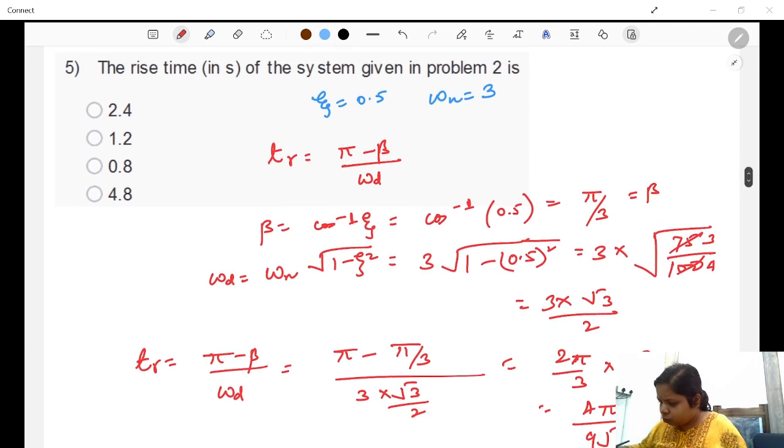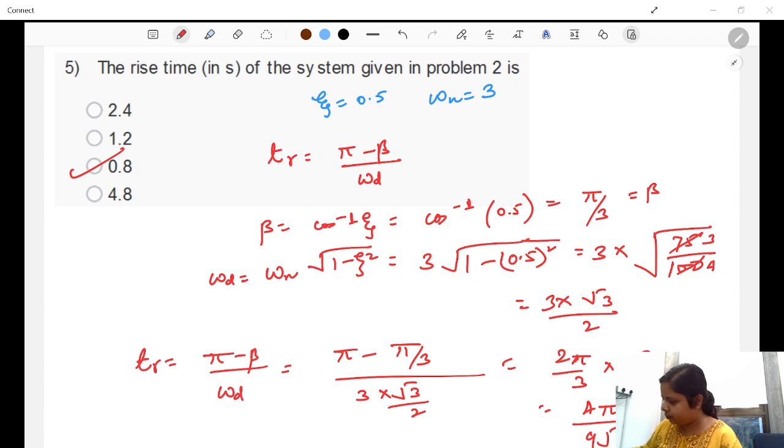Can someone tell me if the answer matches any of the following options? 4 pi upon 9 root 3. 0.8.